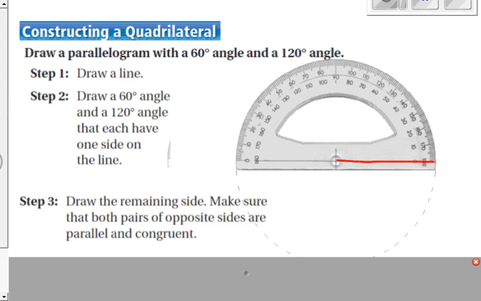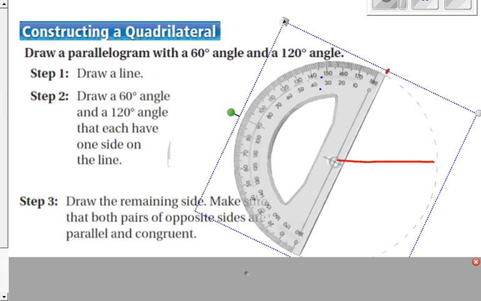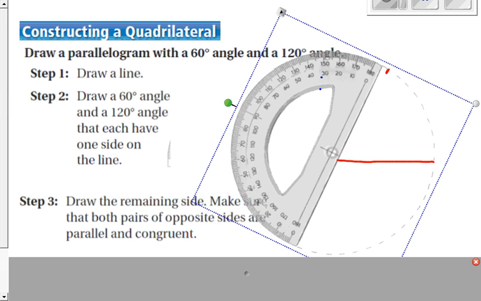I'm just going to use half the protractor. Then it says draw a 60-degree angle. So I am going to draw a 60-degree angle. And I am now going to turn my protractor to where I can draw my line. So there is my 60-degree angle.